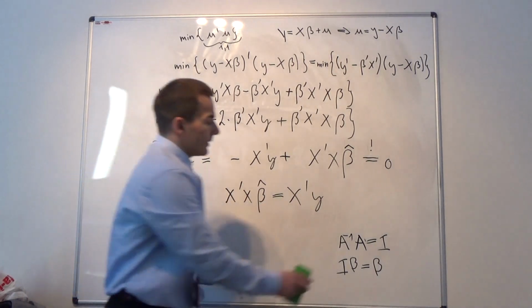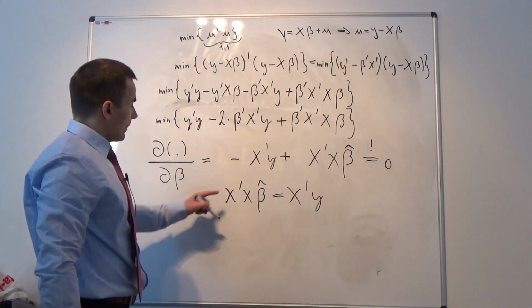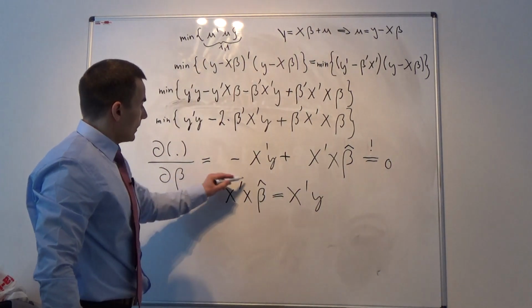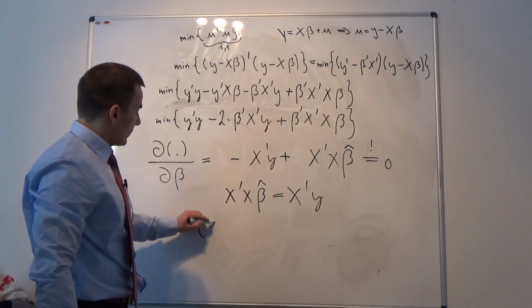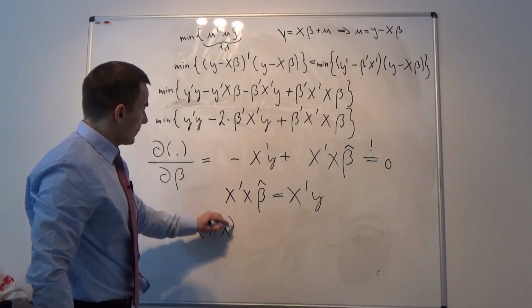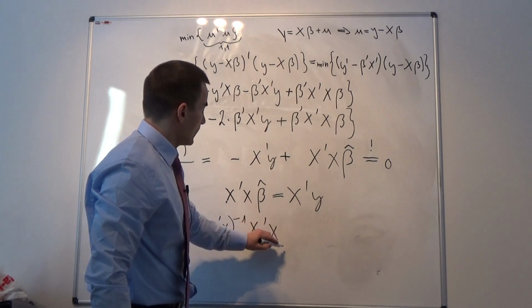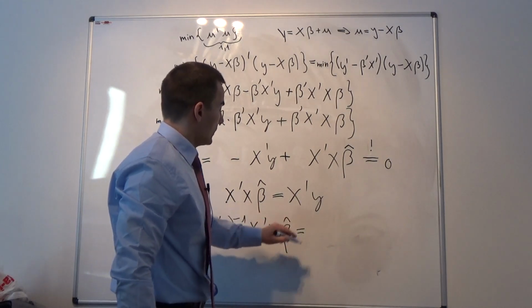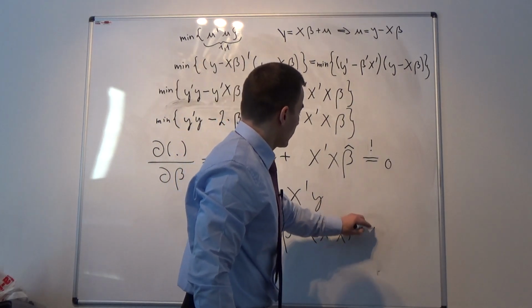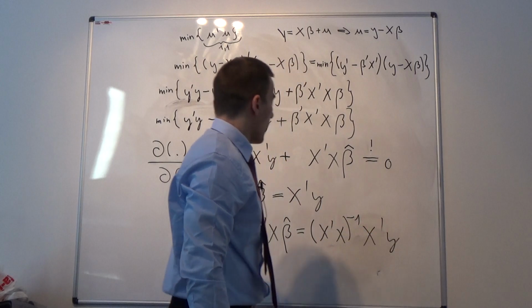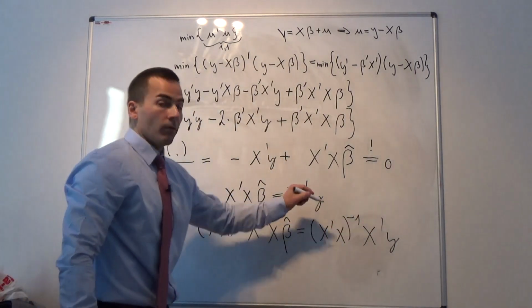So we apply this rule here and multiply this expression with the inverse of the matrix product X transposed X. So let's do that. X transposed X inverted times X transposed X times beta hat is equal to X transposed X inverted times X transposed Y. Obviously, we have to do the same operation on both sides of the equation.